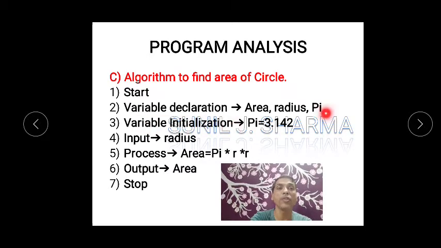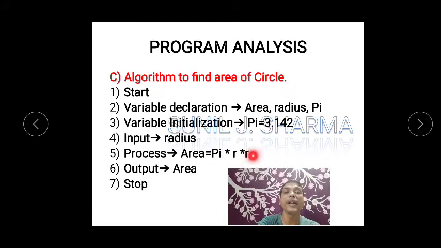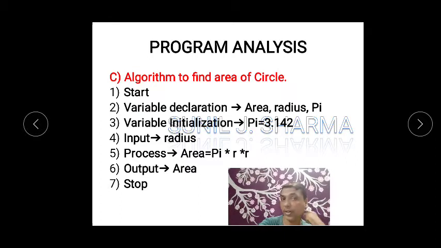Everyone knows that the value of pi is fixed, that is 3.142, so I can use it here. Now what input? Only one input, radius. Then the process will always have a formula. Everyone knows pi r square is the formula; area of a circle is pi r square. So pi into r into r, then the output will be stored in area.